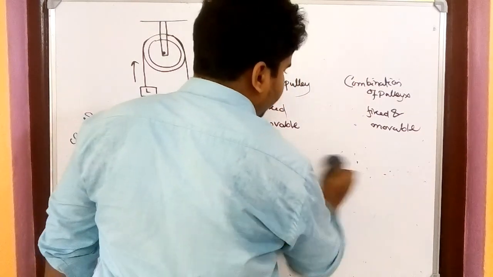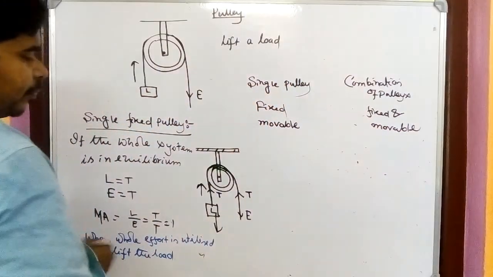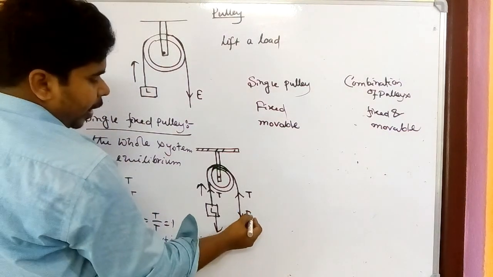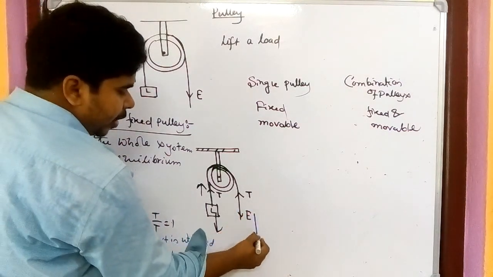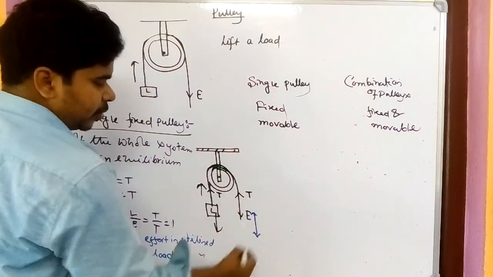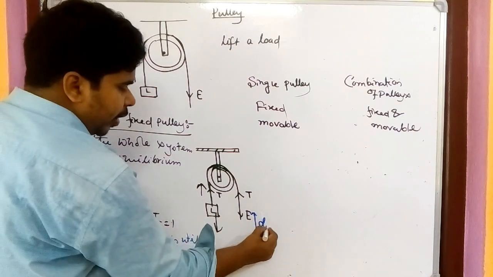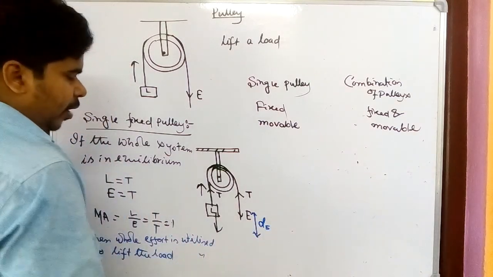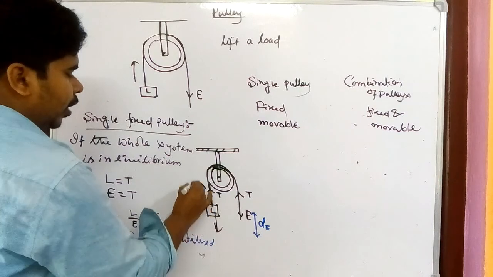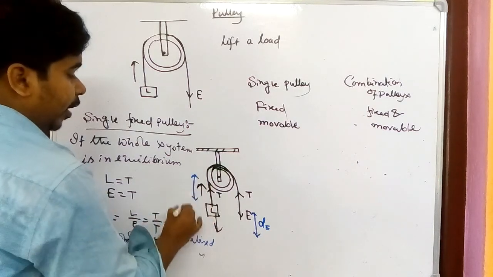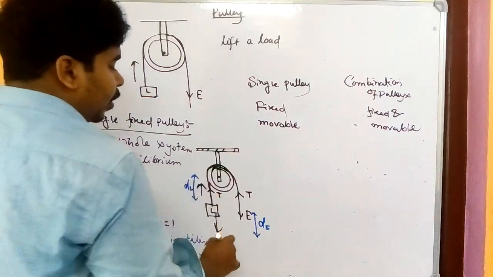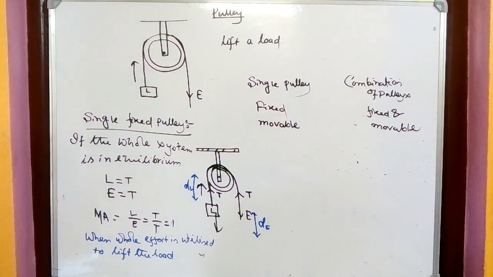To learn about velocity ratio, if you are applying effort here and it is displaced this much, assume the displacement due to effort is dE, then the load also lifts the same amount of height, that is dL. Because it is only one string, and we have to assume that the string is unstretchable.